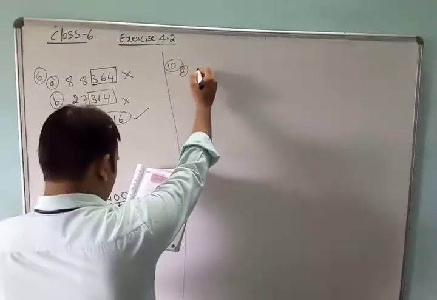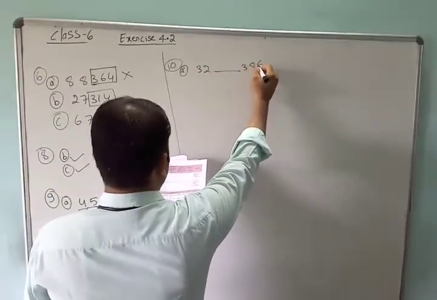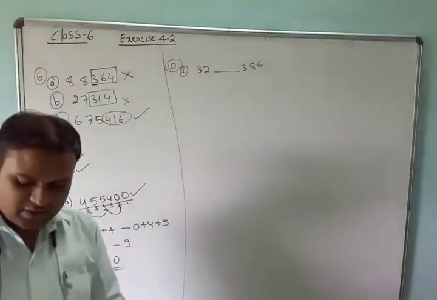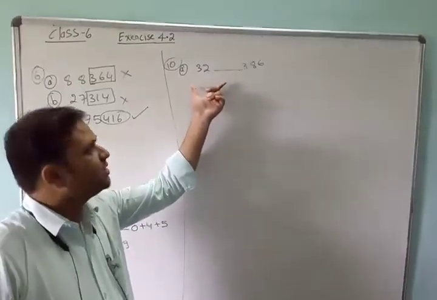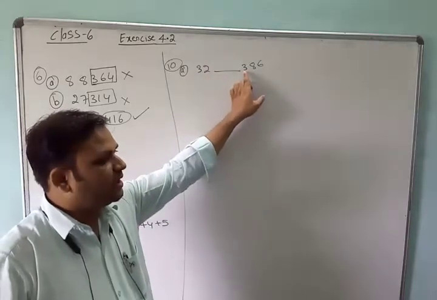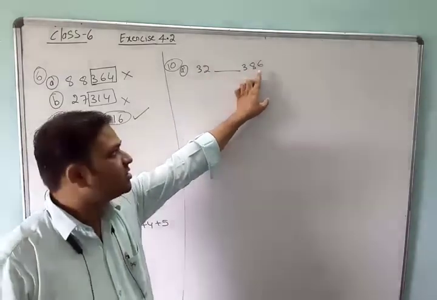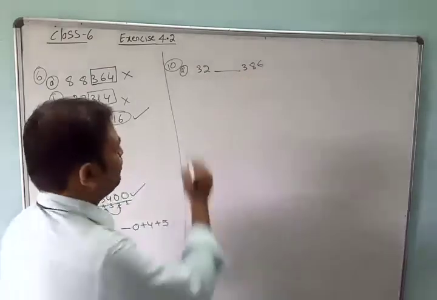You have to fill in the blanks. Form a number divisible by 3. So the rule of divisibility by 3 is to do the sum. 3 plus 2 is 5, 5 plus 3 is 8, 8 plus 8 is 16, 16 plus 6 is 22.